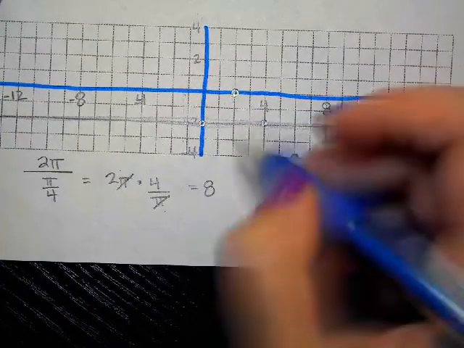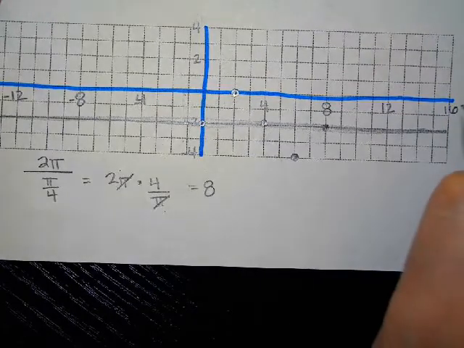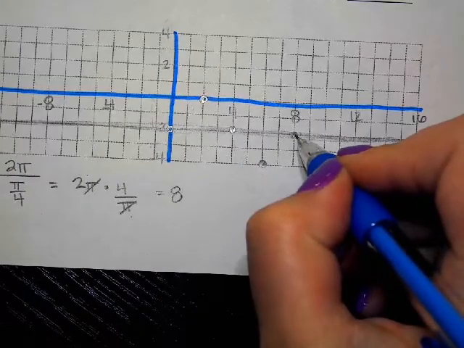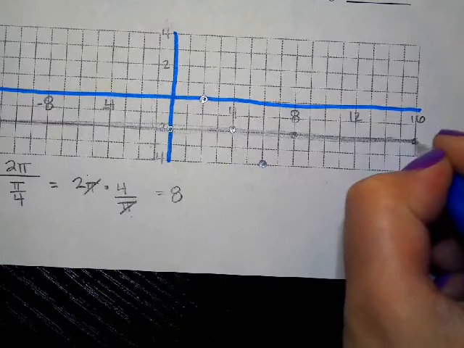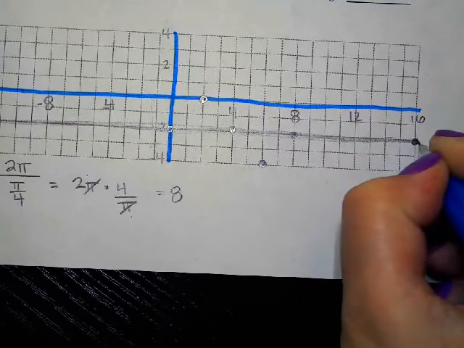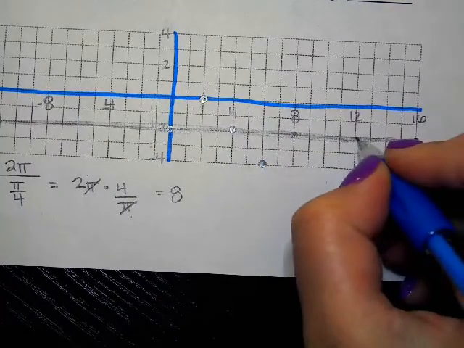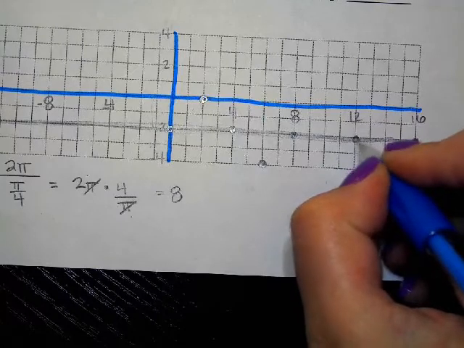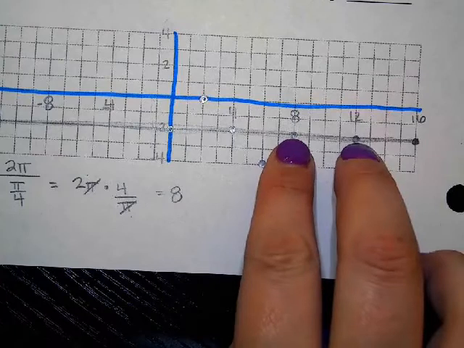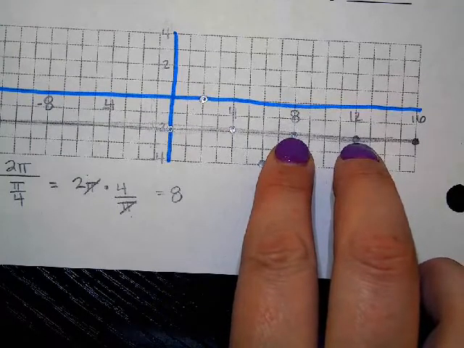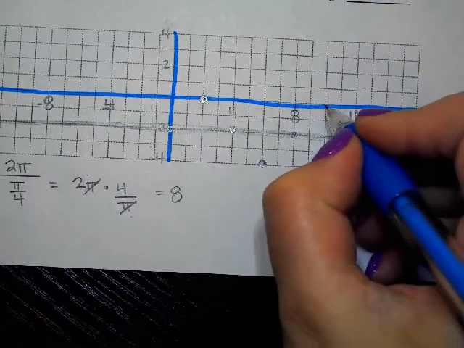So I'm going to start here, I'm going to end 8 boxes over. Then I've got the middle. Between the first 2 boxes, I'm going to go up 2. Between the second 2 boxes, I'm going to go down 2.